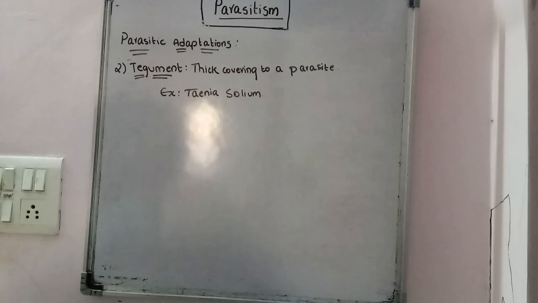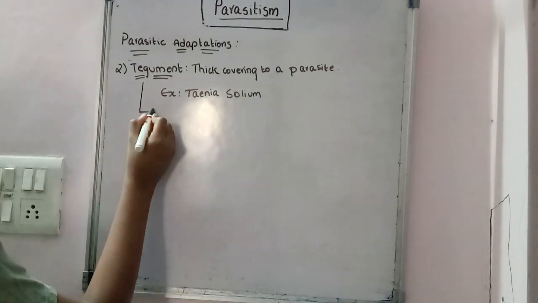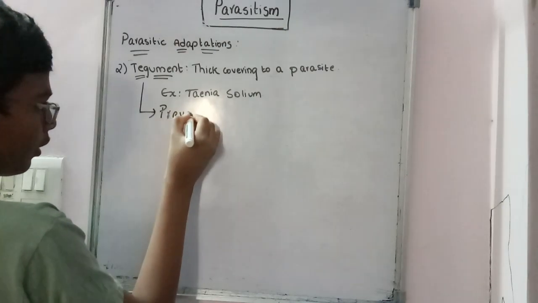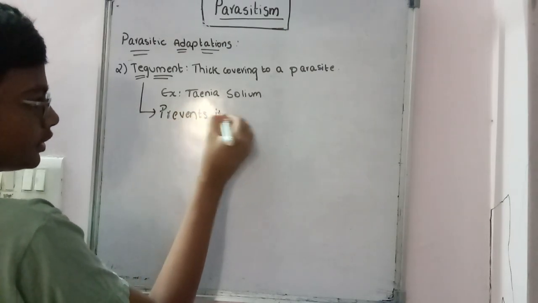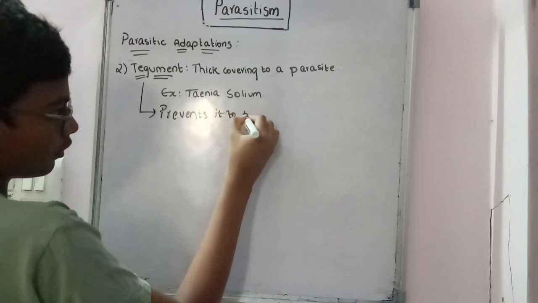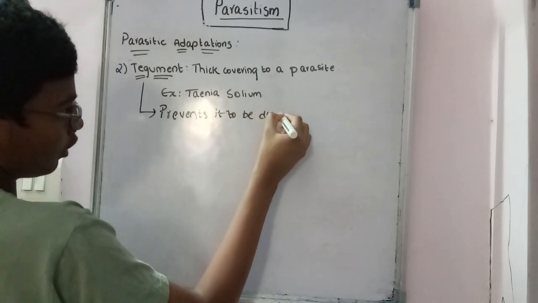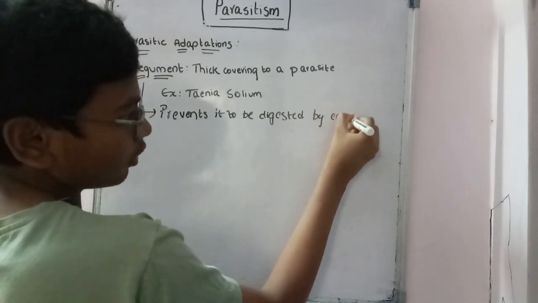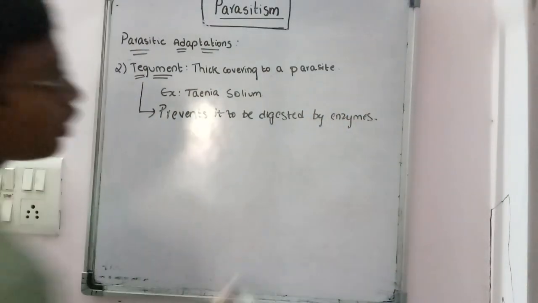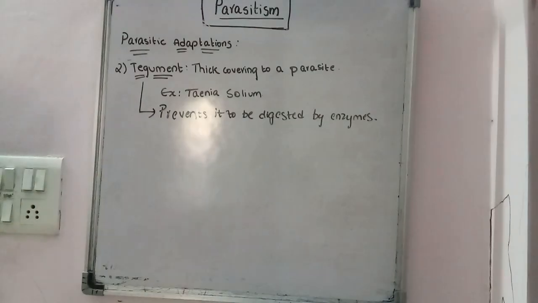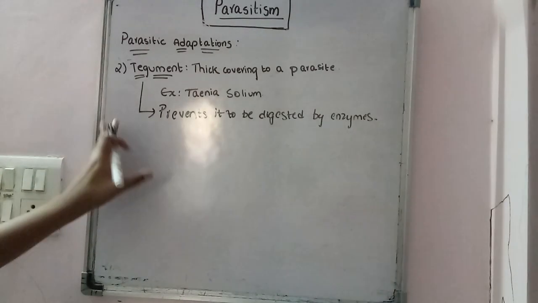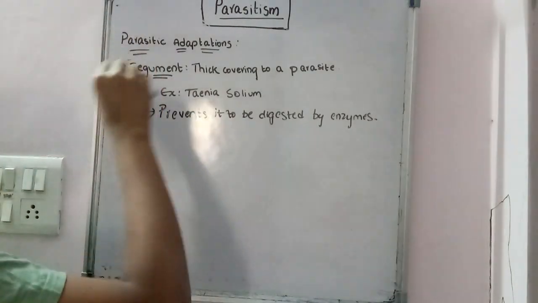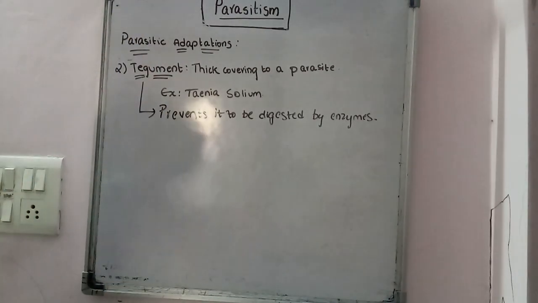And what is its function? Its function is that it prevents the parasite from being digested by enzymes. In the alimentary canal, things move directly downward, right? If the adhesive structure doesn't work and it moves down, then the tegument will be useful so that it does not get digested by the human.